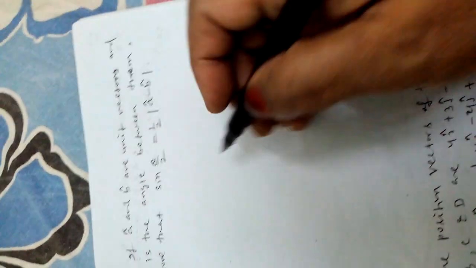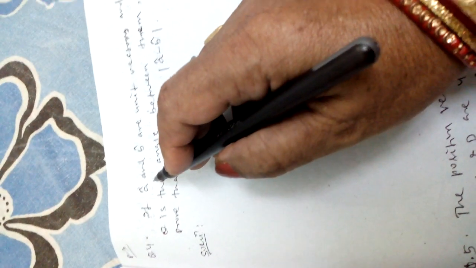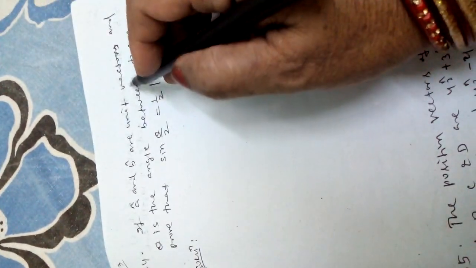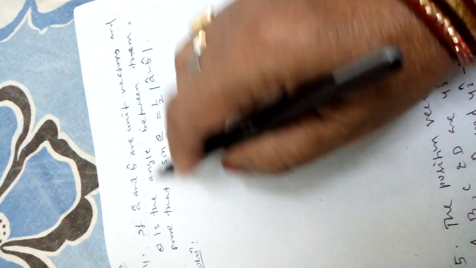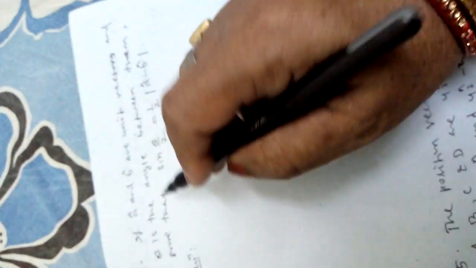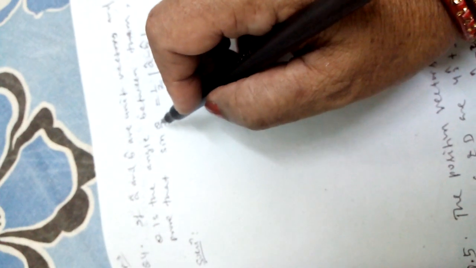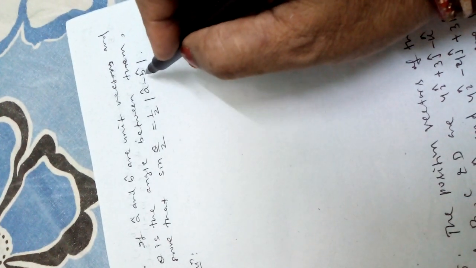Question number 4 is, if A cap and B cap are unit vectors and theta is the angle between them, prove that sin theta by 2 equal to half modulus of A cap minus B cap.